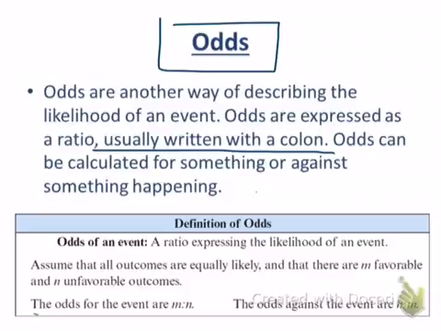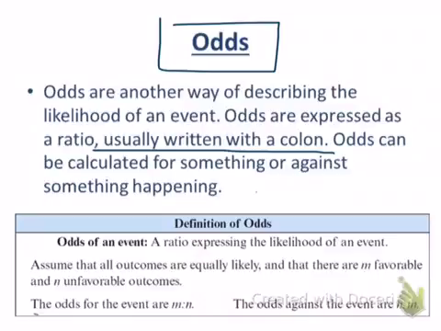Usually odds are written with a colon and not in fraction form, where probabilities can also be written with a colon. Generally, odds are written with a colon between the two values, and probabilities are written in fraction form. Okay, the odds of an event is a ratio expressing the likelihood of the event.